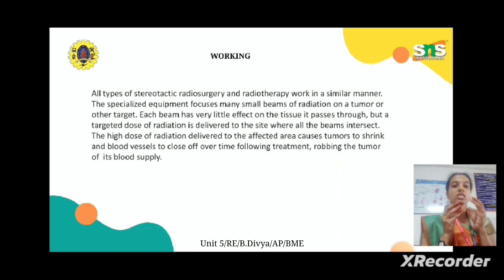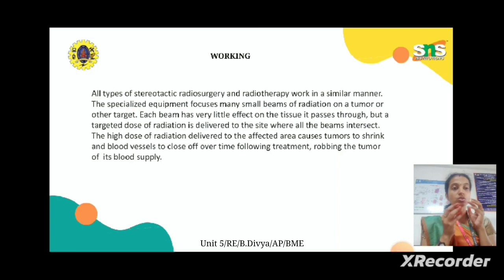Each beam has very little effect on the tissue it passes through. As I told you already, beams passing through the tissue have very little effect. But a targeted dose of radiation is delivered to the site where all the beams intersect.